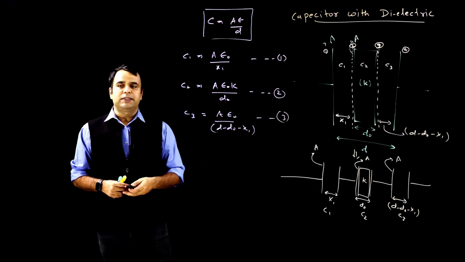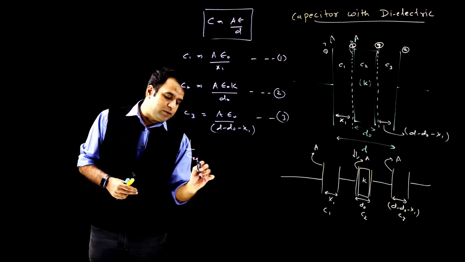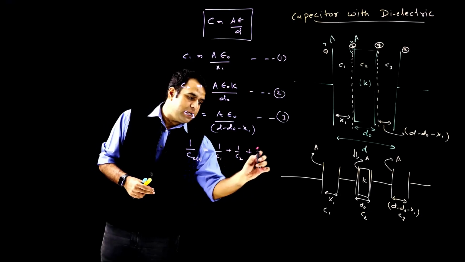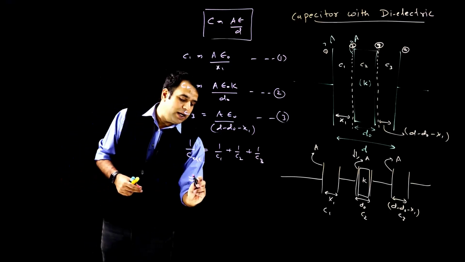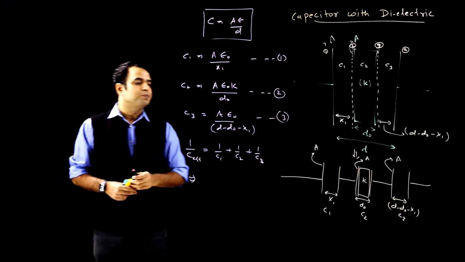And these 3 capacitors are connected in series. For a series combination, the formula is 1 upon C effective equals 1 upon C1 plus 1 upon C2 plus 1 upon C3. That's the formula to calculate the net capacitance of 3 capacitors connected in series.